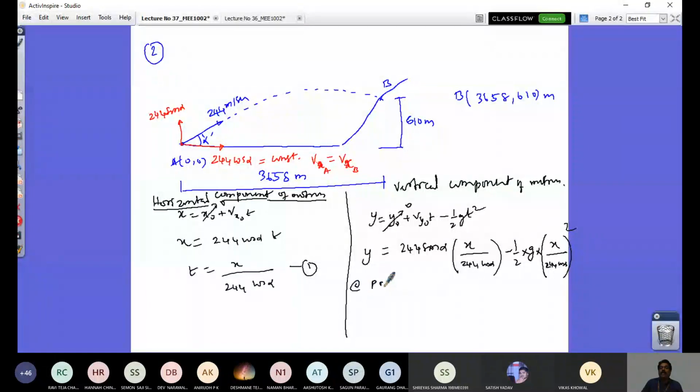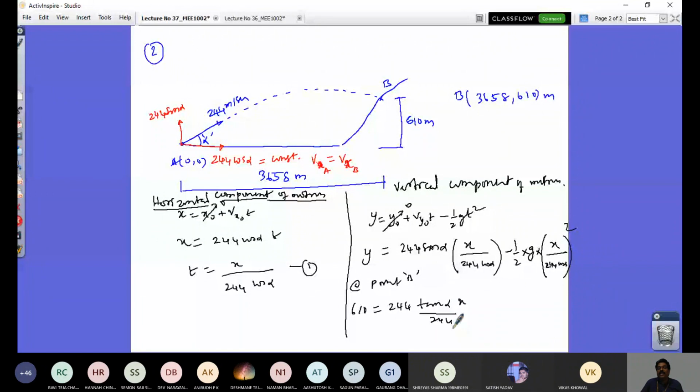This equation becomes: y value is 610, that's equal to 244 sine alpha divided by cos alpha, so you can just take that as tan alpha x, and this 244 down, that will go off.